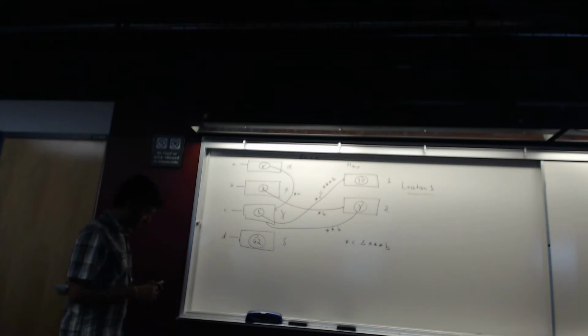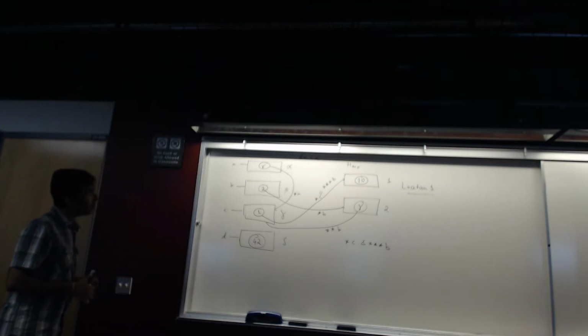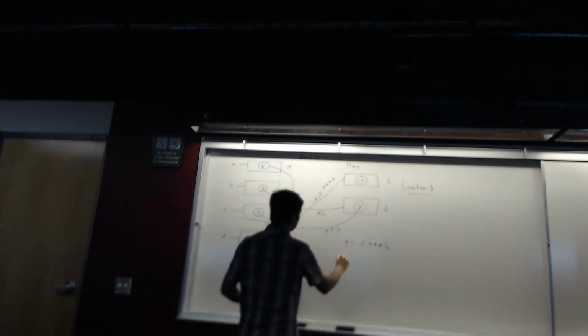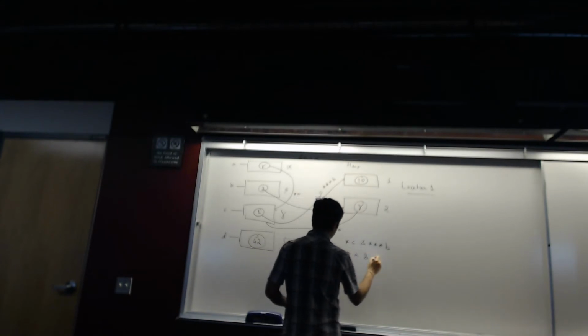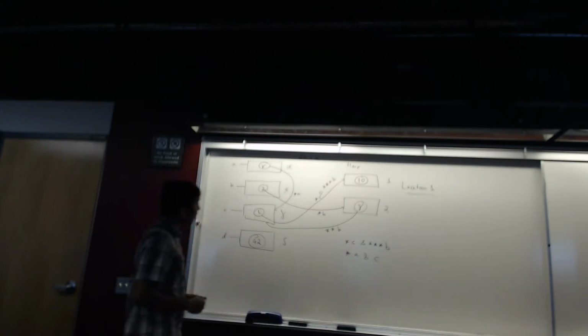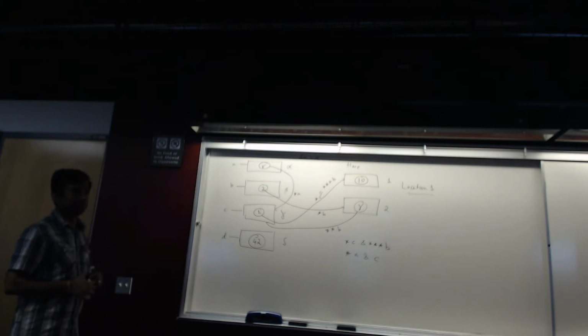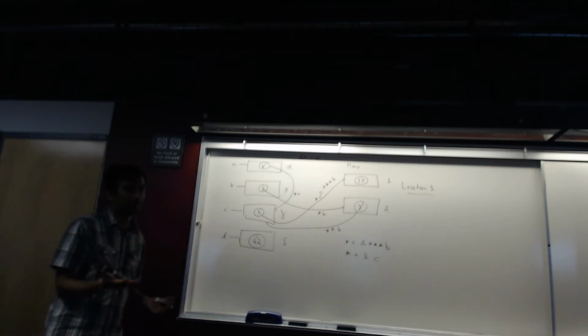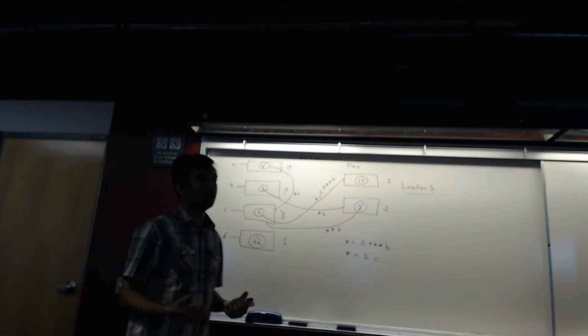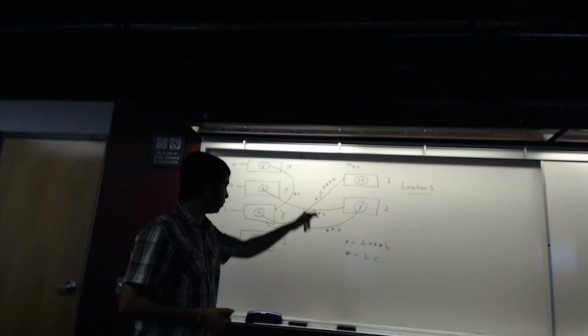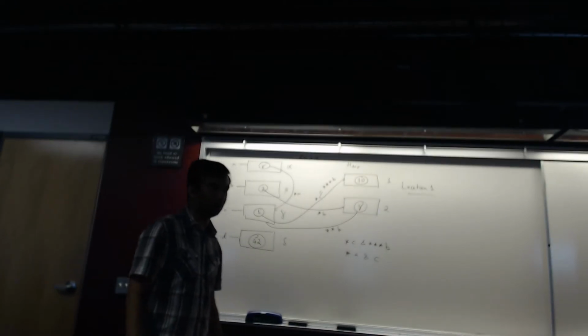Can you come up with another set? Star A and C. Is there any other set? Star B and 2. No, 2 is not a name, right? 2 is just an address. So whatever is in heap, there is no name associated with it.